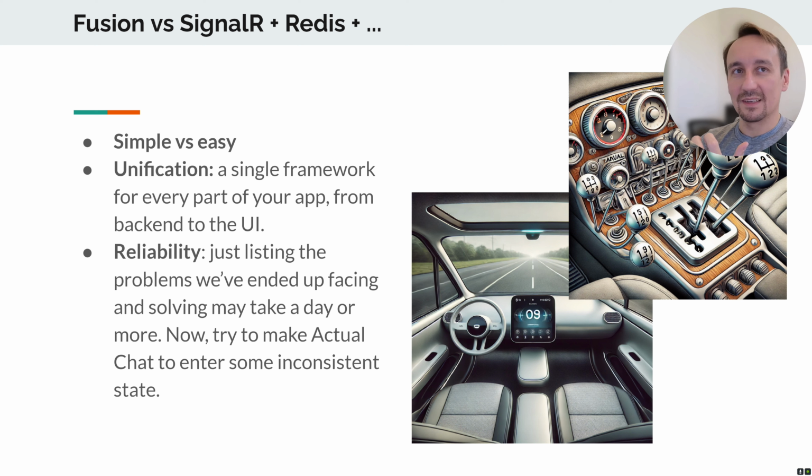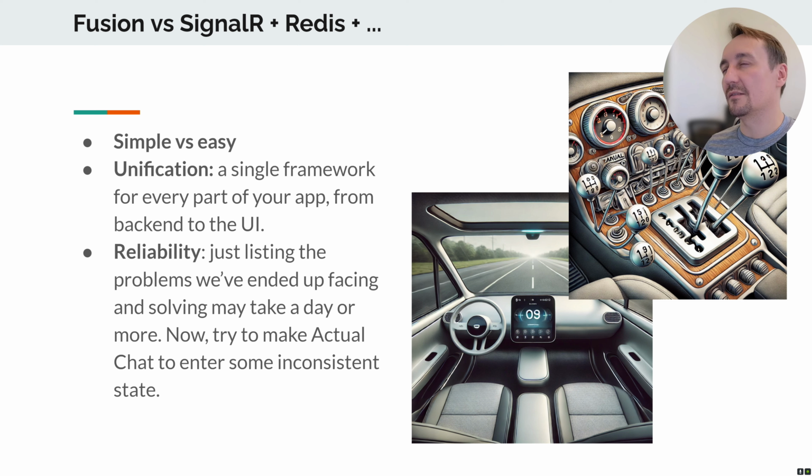But the point is, Fusion offers a framework, something that allows you to build everything in a consistent fashion. Every piece of real-time logic is going to look the same with Fusion.